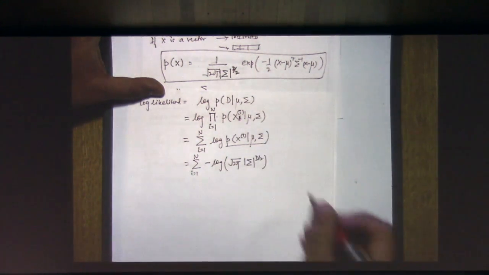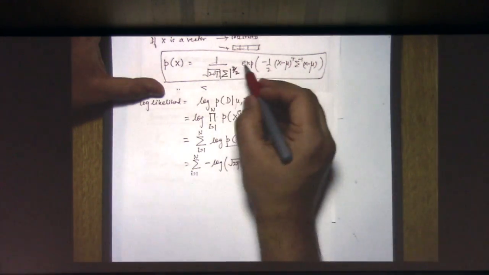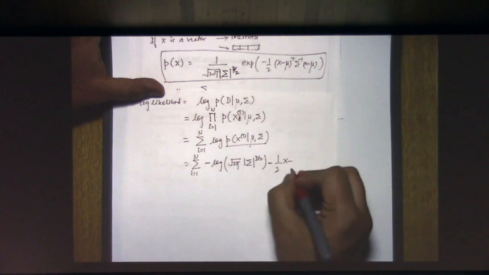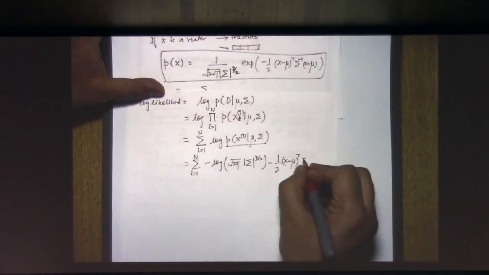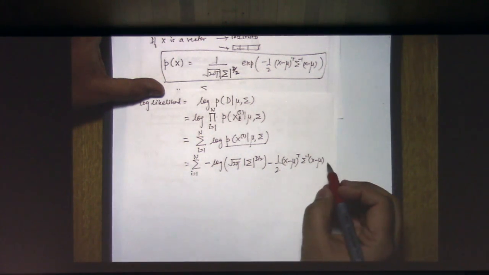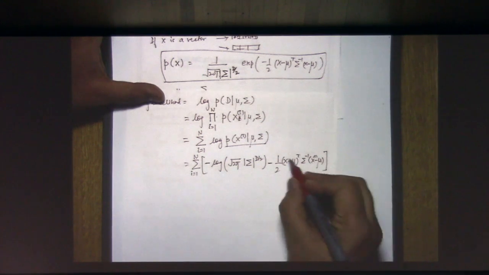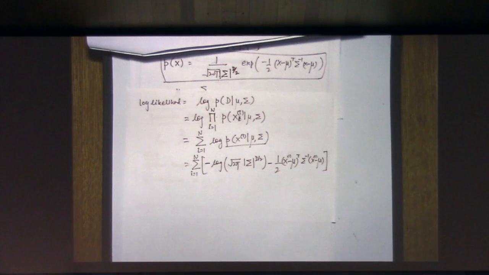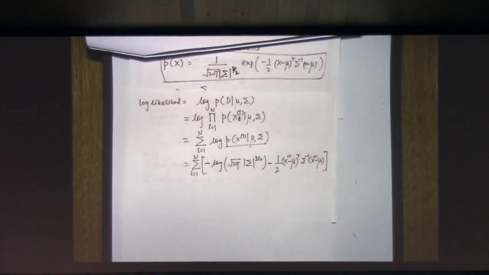And log of exp, both things disappear, so it's minus half x minus mu transpose, x of i. All right, any questions so far? So that's how the expression becomes when you expand it.